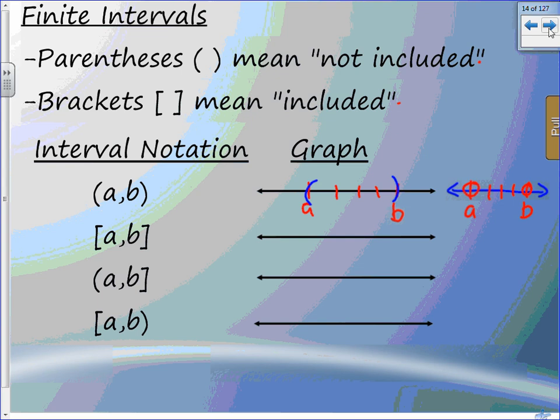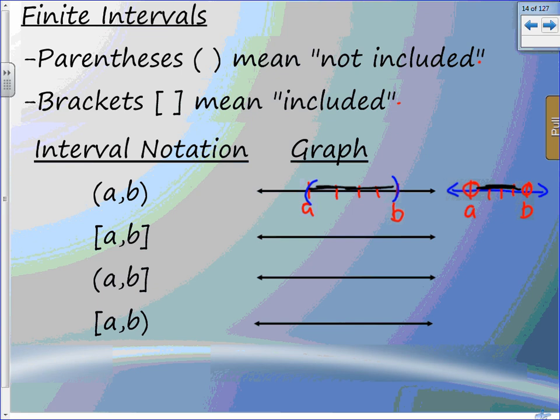And then we color in the middle to show that it's anything in between. So this would represent all the values between A and B, but not including A and B. So parentheses means you don't include the values A and B, but it's anything above A, but less than B.